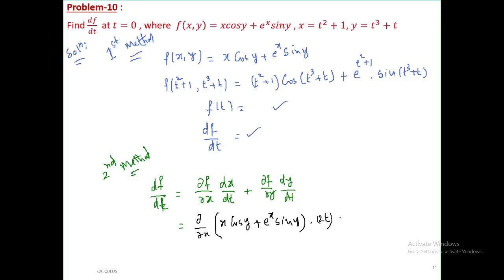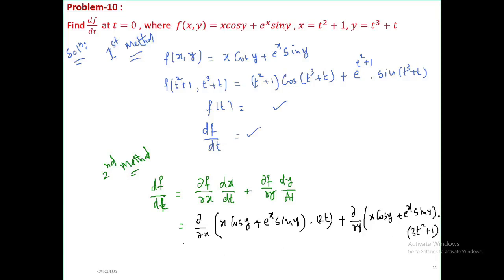Next plus ∂f by ∂y, ∂ by ∂y of what is f again? x cos y plus e power x sin y, into dy by dt. What is dy by dt? Into, I am writing, 3t square plus 1. t derivative is 1, into 3t square plus 1.